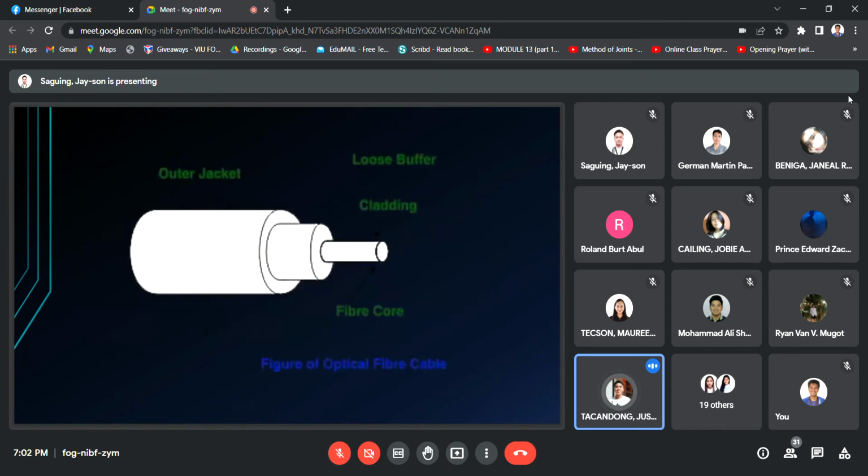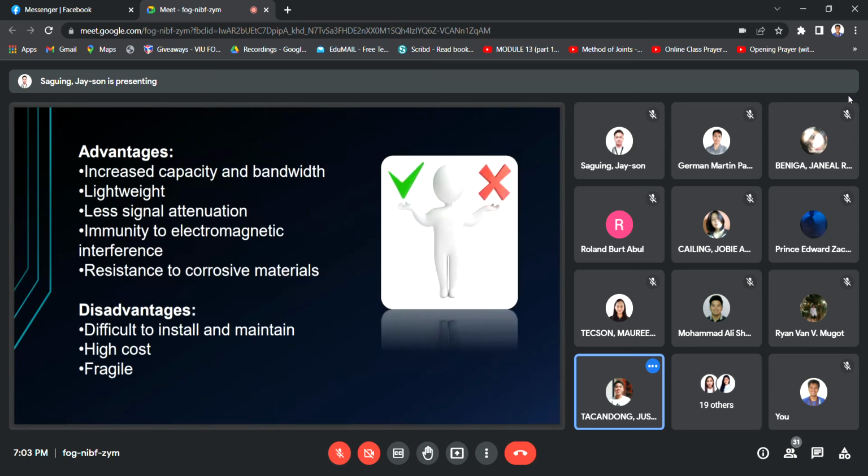Next slide, bro. So this is the figure of an optical fiber cable. The outer jacket, fiber core, the loose buffer, and the cladding. Next slide, bro. There are also advantages and disadvantages of using an optical fiber cable.